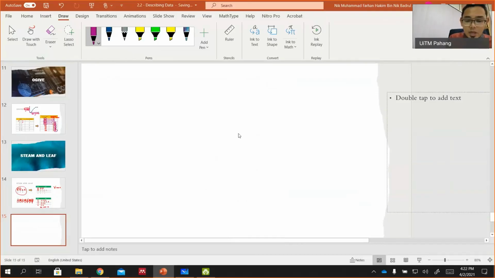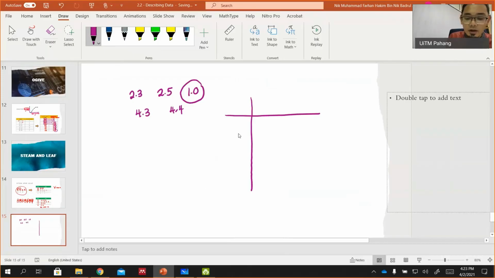Suppose we have, for example, 2.3, 2.5, 1.0, 4.3, 4.4. So how do I build the stem and leaf for this one? Right, so you should see the smallest value is actually 1, right? So you write the stem here, and this is the leaf.